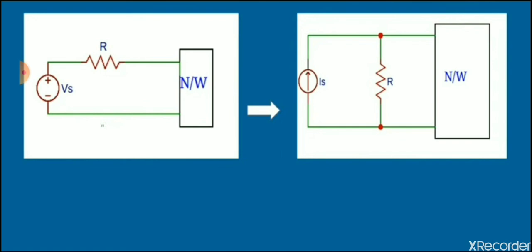Now here, a network is given with a practical voltage source, where the resistance is connected in series with the voltage source. Now we are to convert that practical voltage source into a practical current source. In a practical current source, the resistance is connected in parallel across the current source. So how can we convert? We can see one example.